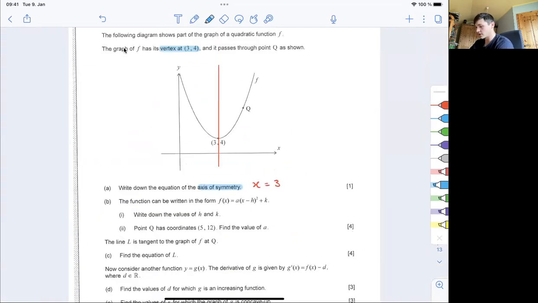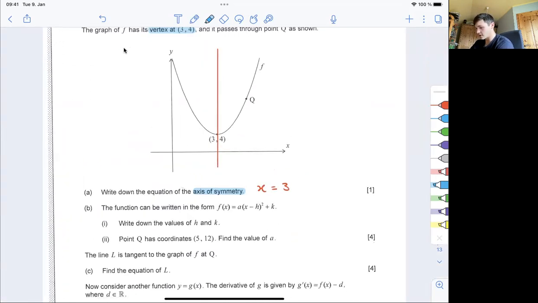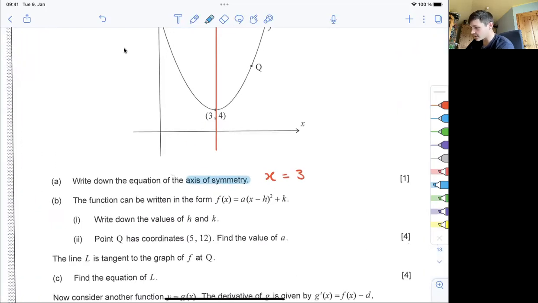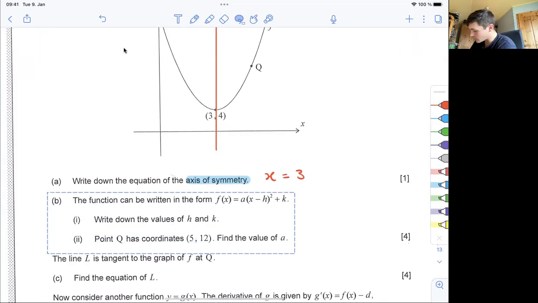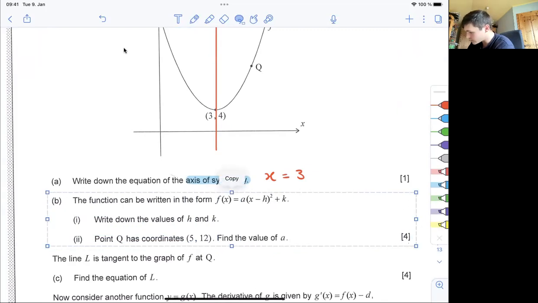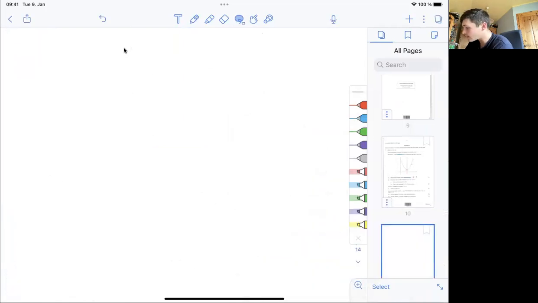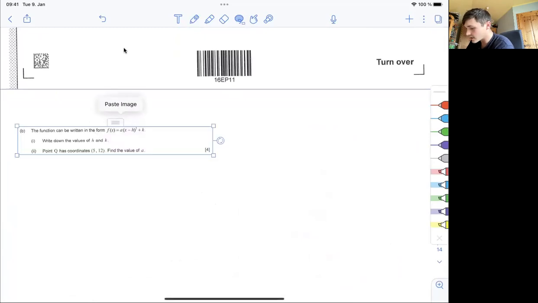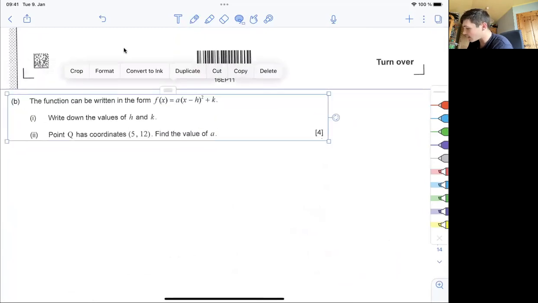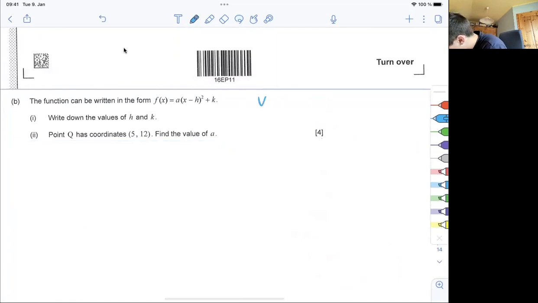To answer this, I'm going to bring question B down to a new page and attack it from there. I'll just note that the vertex of f is (3, 4).